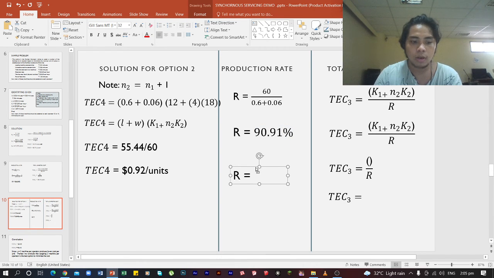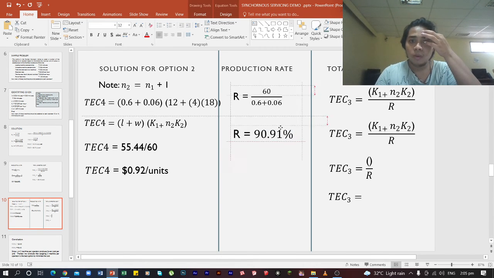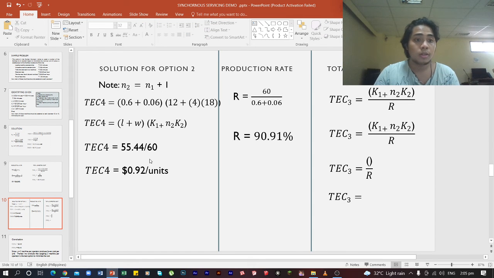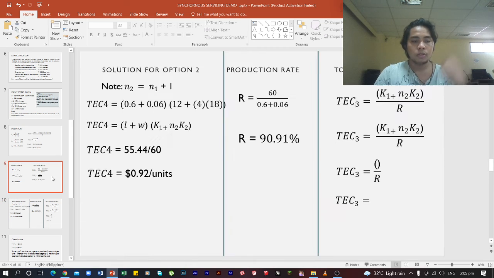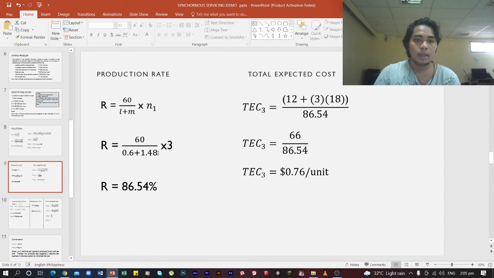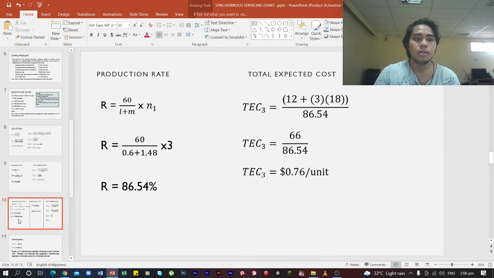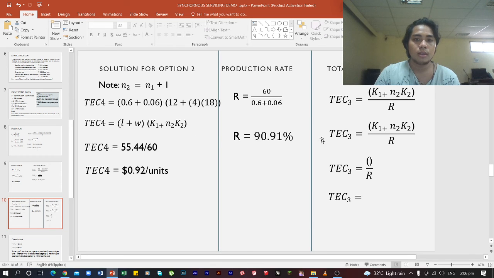So our production rate for option 2 is higher than the first option, which is three machines only. Here with 4 machines we get a higher production rate.